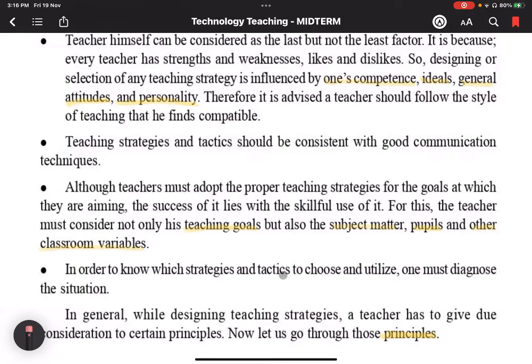Next, although teachers must adopt the proper teaching strategies for the goals at which they are aiming, yun ang sinasabi nating objective, the success of it lies with the skillful use of it. For this, the teacher must consider not only his teaching goals, but also the subject matter, pupils, and other classroom variables. No? In order to know which strategies and tactics to choose and utilize, one must diagnose the situation.